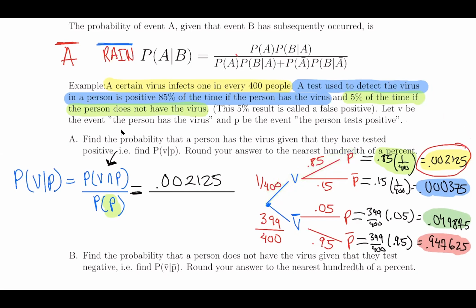So let's say a person had the virus but tested negative. Did that give me a positive test result? No. So that means we're not going to use this one. Let's go on and look at this one. Say the person doesn't have the virus, but they tested positive. Should I use that result?